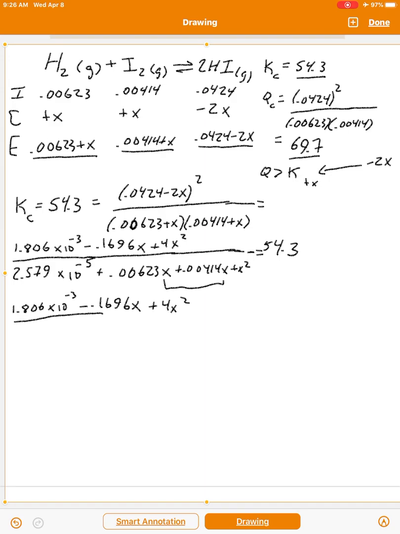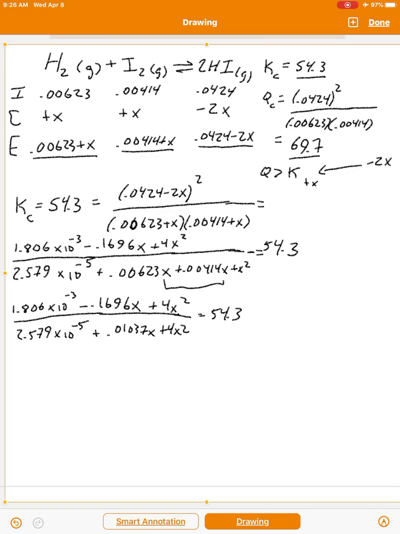And then I'm going to combine the two x terms in the denominator. So again, 2.579 times 10 to the minus 5 plus 0.01037x plus 4x squared. And again, that's equal to 54.3. Okay, so we're getting there.